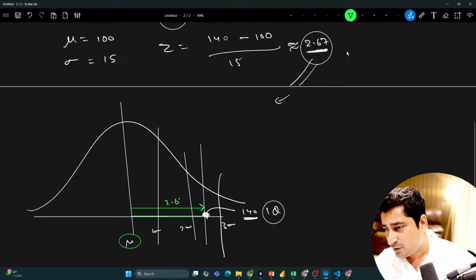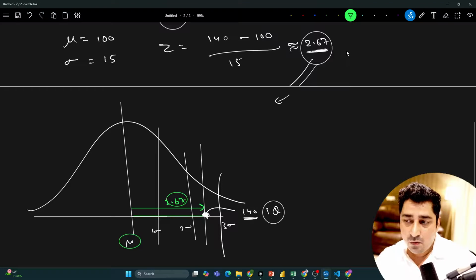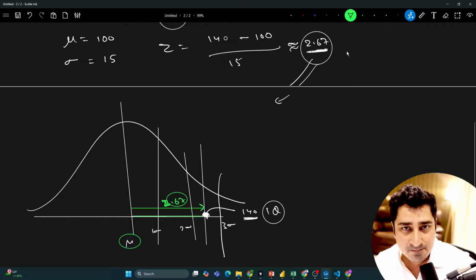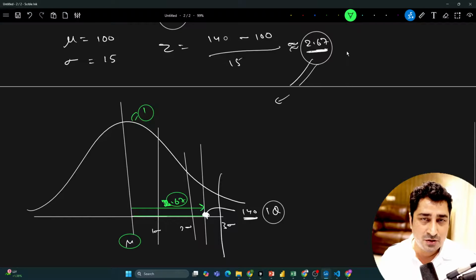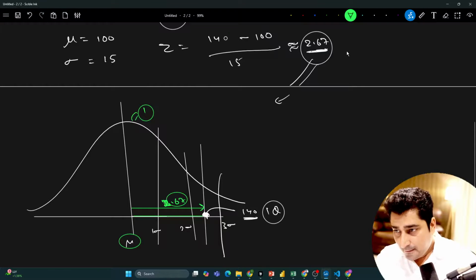Now, what is the other meaning of this in terms of probability? In terms of probability, this area is always equal to 1, whether I'm talking about the normal distribution or the standard normal distribution, because it is representing the probability, right? So here it's telling me that it's 2.67 standard deviations away from the mean.